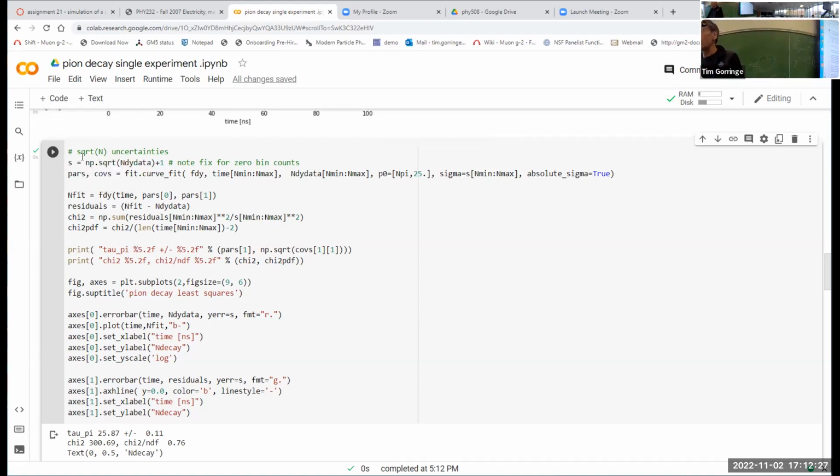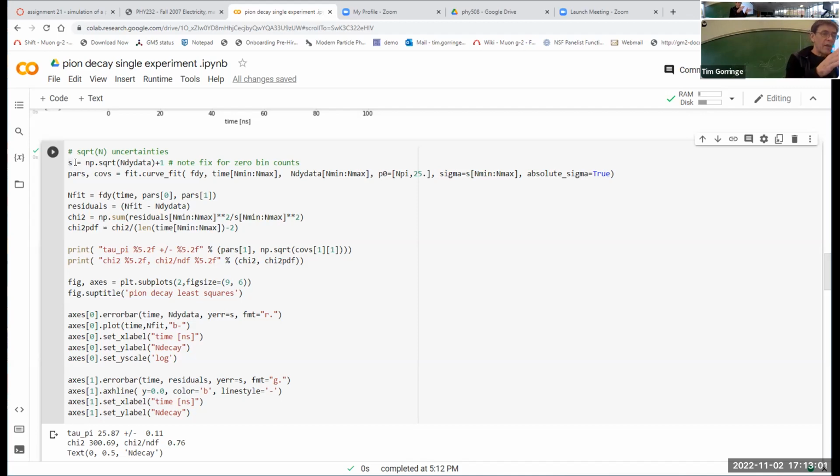What would be much more realistic for specifying the uncertainties on the data points is to use counting statistics. If you have reasonably large numbers of counts in a bin, then the counting statistics are binomial or Gaussian statistics.